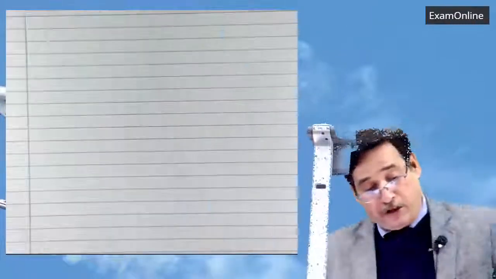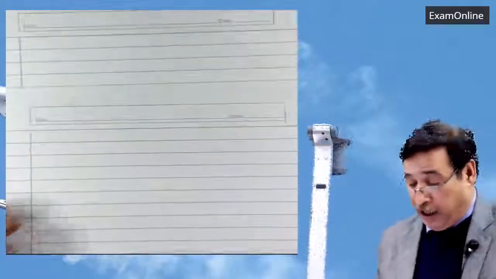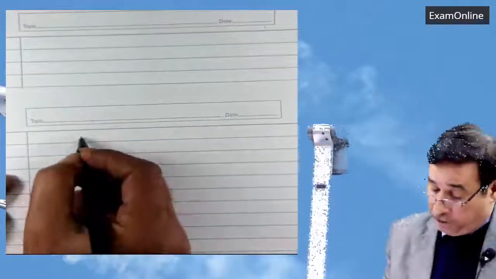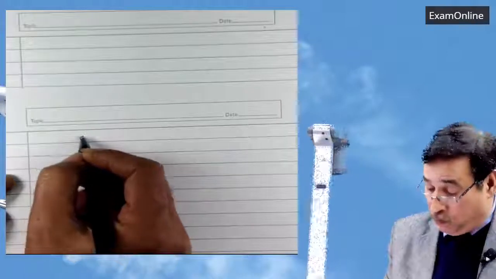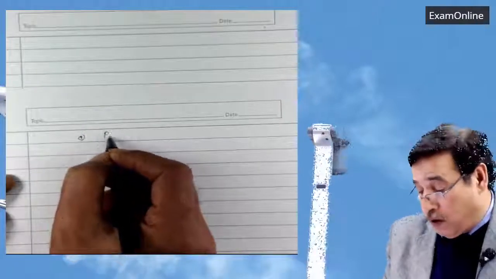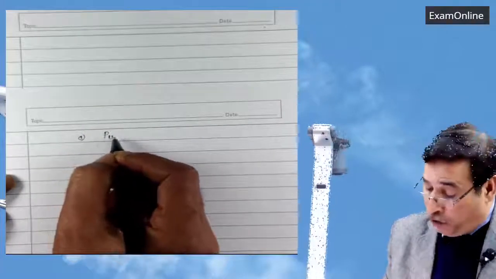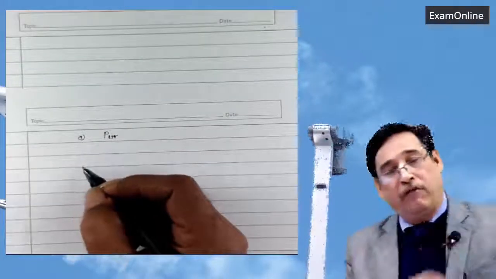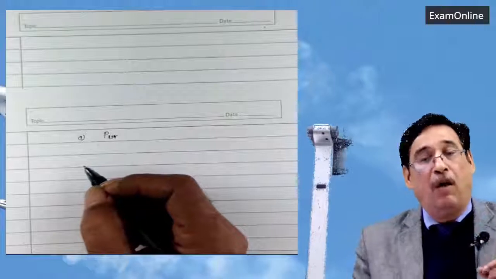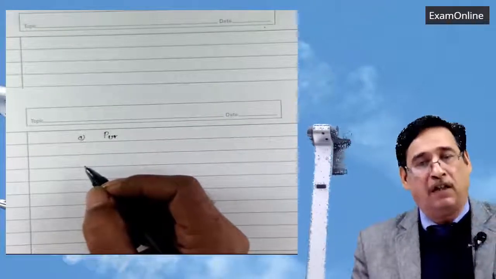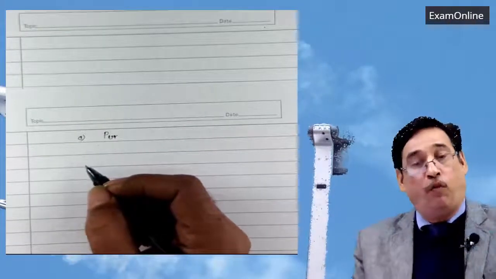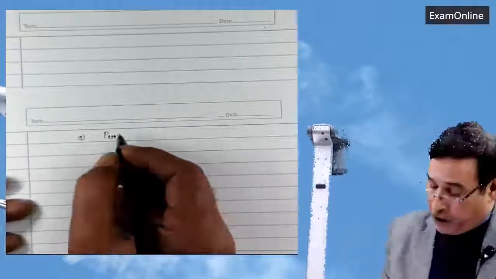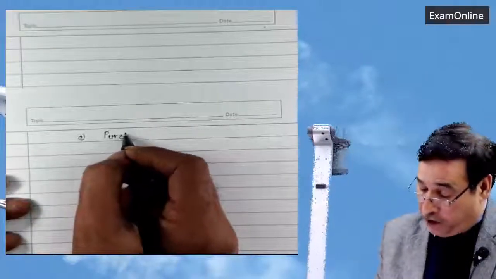Sum of A, purchase price. Purchase price means the number of shares into the value per share. For example, you have bought 1000 shares of rupees 10 each, but let us say you bought them at the rate of 20. So 1000 into 20 will be your purchase price.